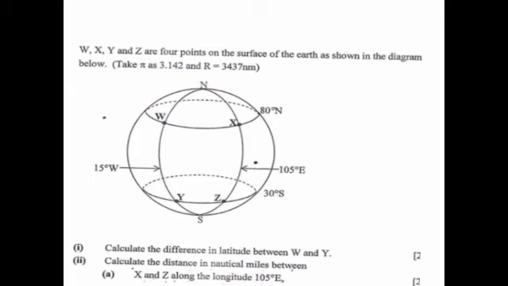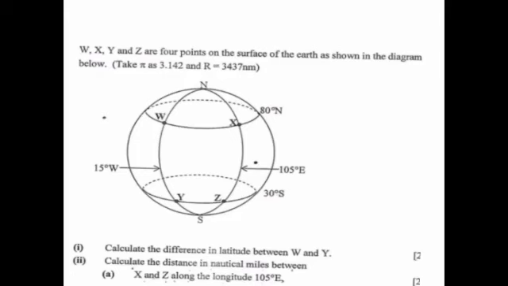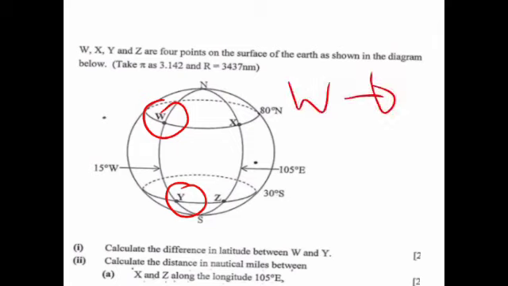Calculate the difference in latitude between W and Y. We can see that W is lying on latitude 80 degrees north and Y is lying on latitude 30 degrees south.